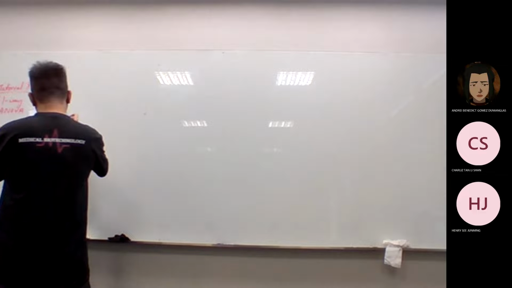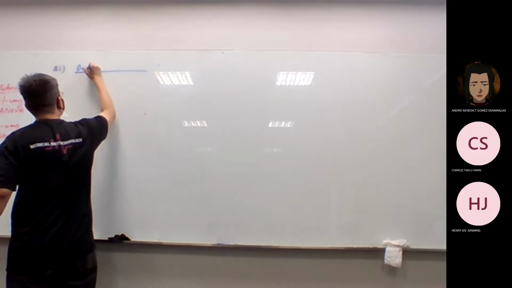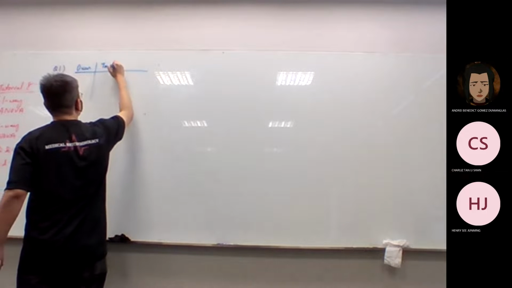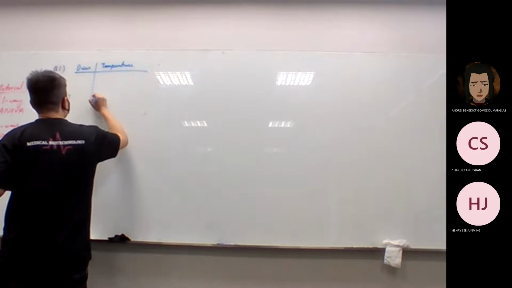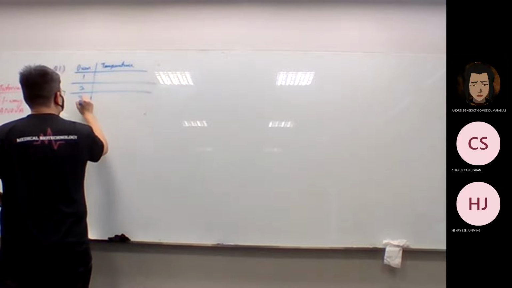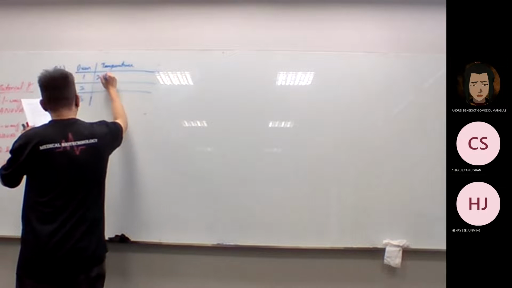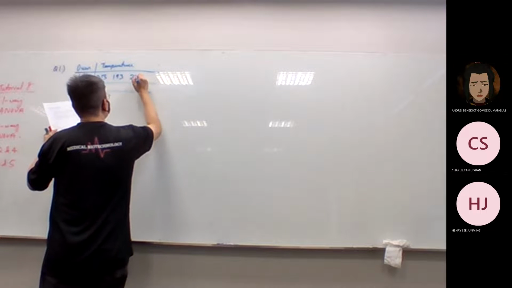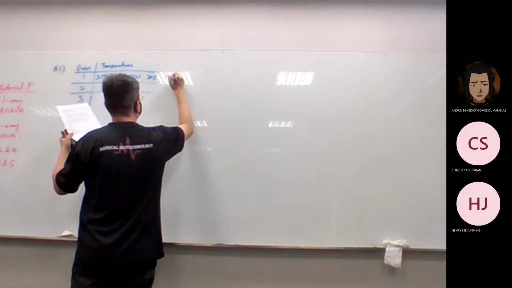So you start off with the table first. You have oven, you have temperature. So oven 1, oven 2, and oven 3. Okay, so let's write out 213, 193, 221, 205, and 194.